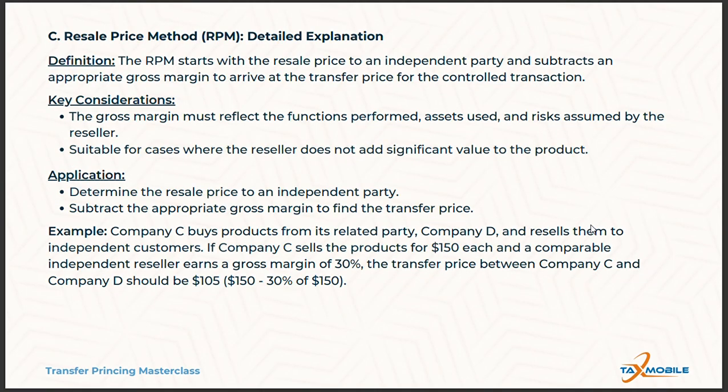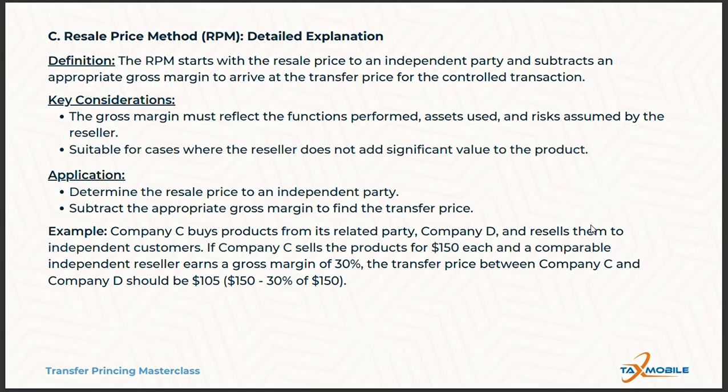Now, the resale price method. The resale price method starts with the resale price to an independent party and subtracts an appropriate gross margin to arrive at the transfer price for the controlled transaction. When to use this?